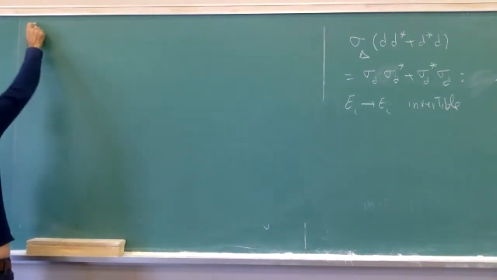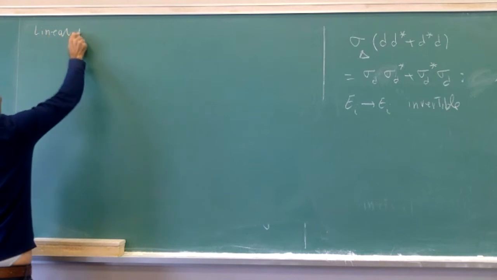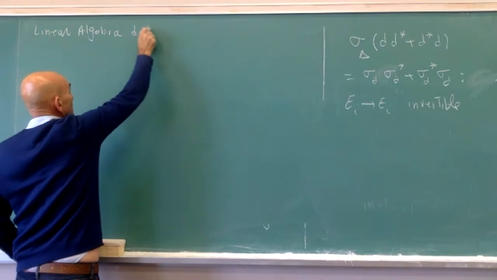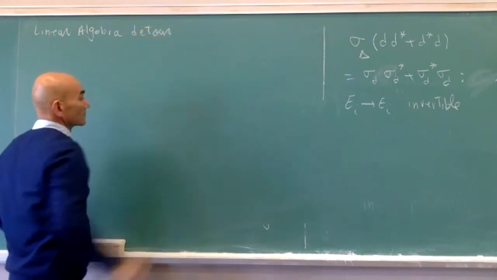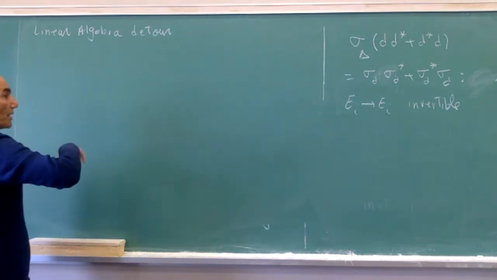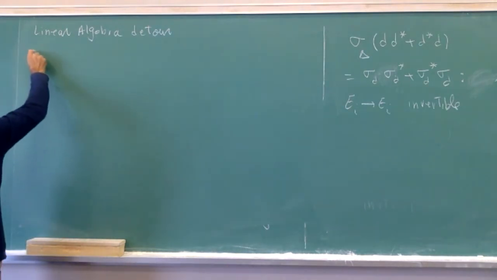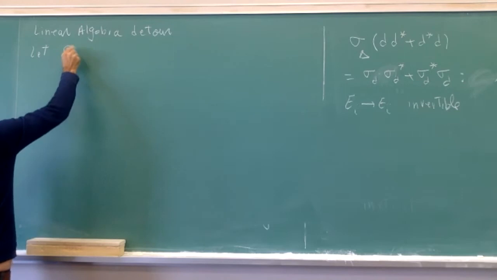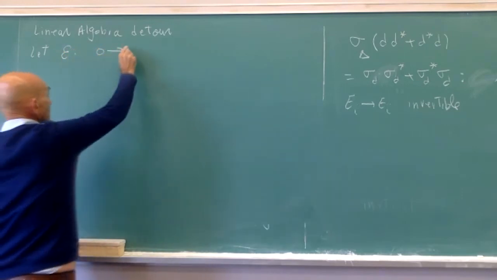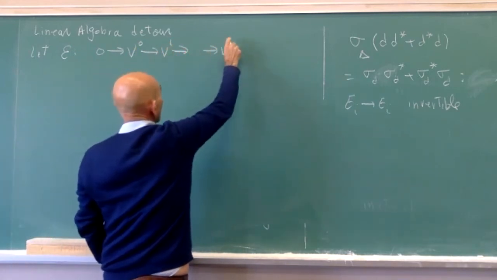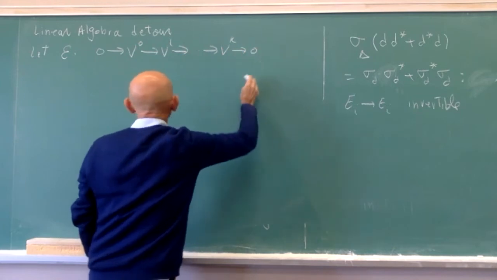So, a linear algebra detour, if you want. We need a little bit of excursion into linear algebra. So the setting is like this. Imagine you have a complex of complex vector spaces. So let E be the following thing: we have 0, V_0, V_1, up to V_n, 0.